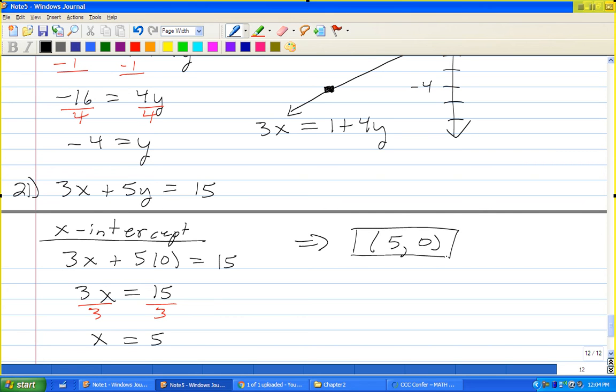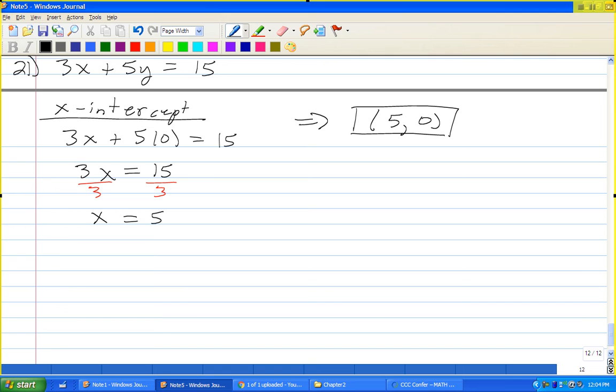Let's find the y-intercept. You find the y-intercept by setting x equal to 0 and solving the resulting equation for y. 3 times 0 is 0 plus 5y is 5y.